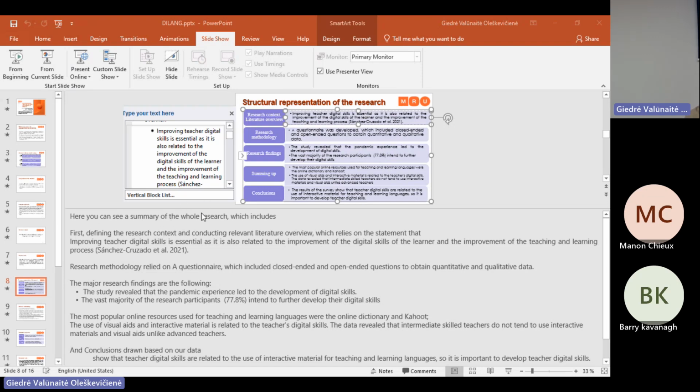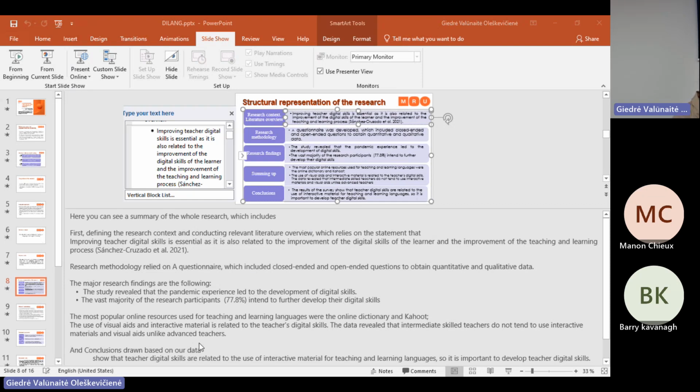Also, we have research findings that reveal the status quo of both pandemic years and the teaching and learning experiences in language classes. And we also have a general finding that the participants of the research intend to use and enhance their digital skills in future.